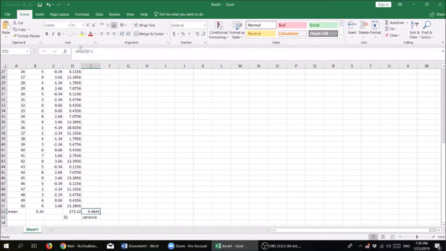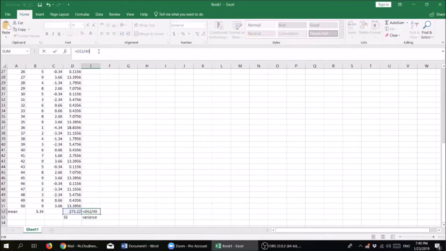The problem is you didn't do the parentheses. Because in math, you're supposed to do multiplication or division first, and then do the plus or minus. And so if you do this, that's what Excel will do. So if you want Excel to do this first, you need to put parentheses first. But why do you want to do that so fancy?